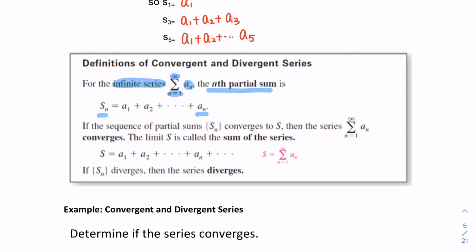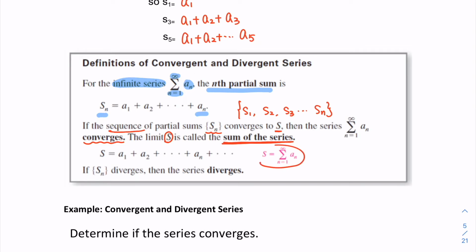If we put all the partial sums S1, S2, S3, S of n together, this gives us a sequence. If the sequence of partial sums S of n converges to a number S, then we say the series converges, and S is called the sum of the series. If S of n diverges, then the series will diverge.